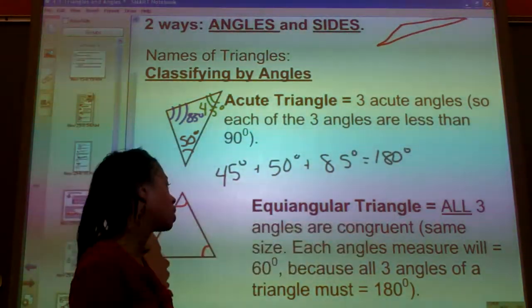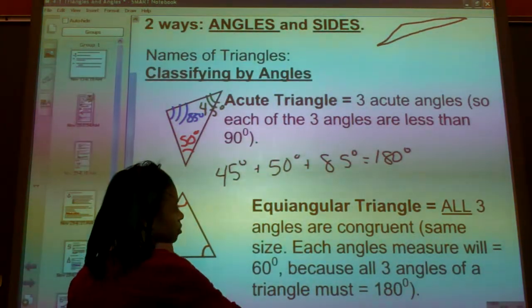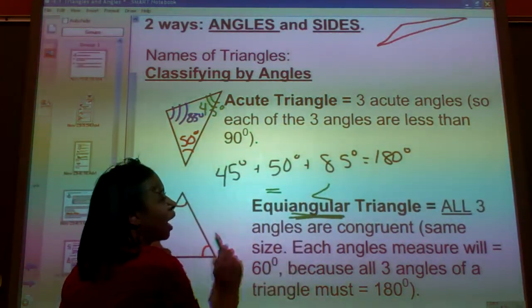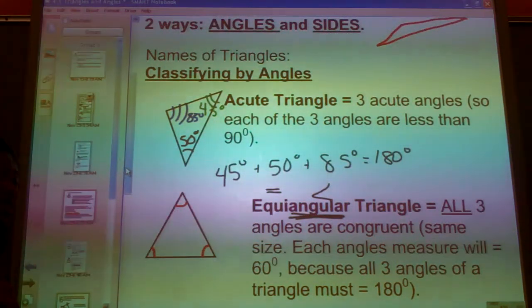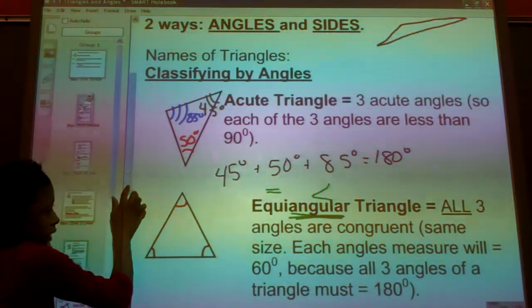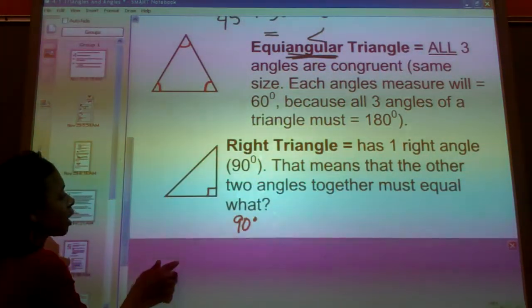Jumping back down to equal angular. Equal means equal, and angular refers to angles. I'm talking about equal angles, equal in measure, to help you remember what equal angular means.